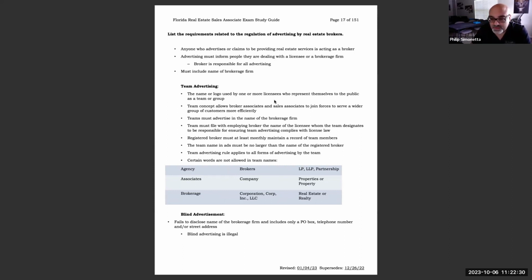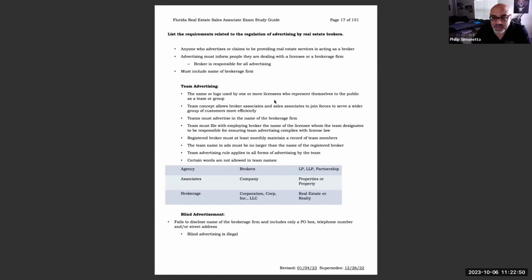Certain words are not allowed in team names: agency, associates, broker, brokerage, company, corporation, corp, Inc., LLC, LLP, LP, partnership, properties or property. The words real estate or realty cannot be in the team name.